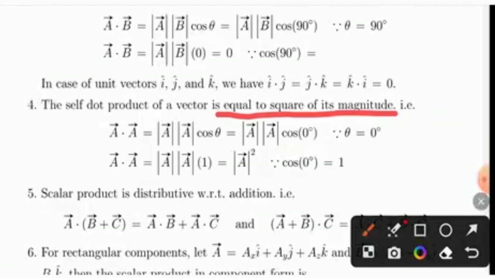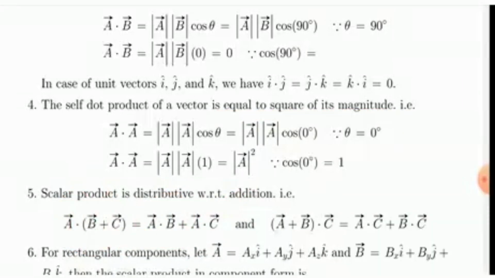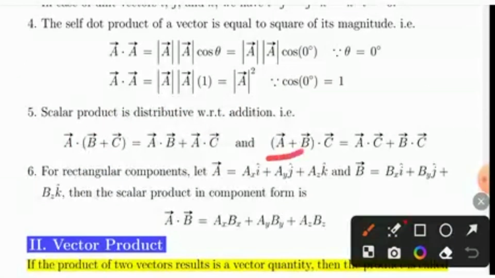Here you see that if vector A is distributed among the vectors B and C, then we can open it on the right hand side as A dot B plus A dot C, meaning vector A is distributed first with vector B, then with vector C. Or the other way around, we can write it as A plus B dot C. Then vector C is distributed among the sum of vectors A and B. So we can write A dot C plus B dot C.